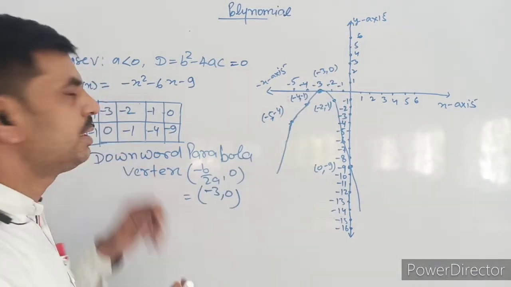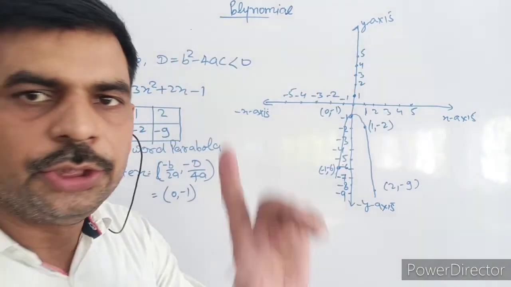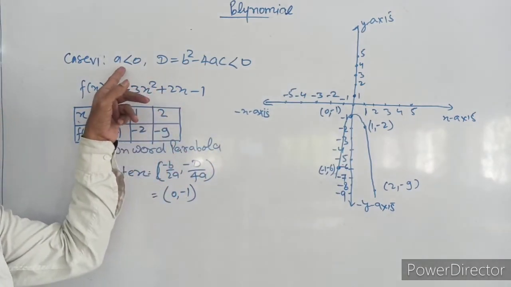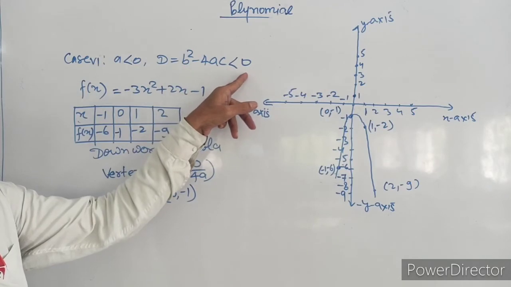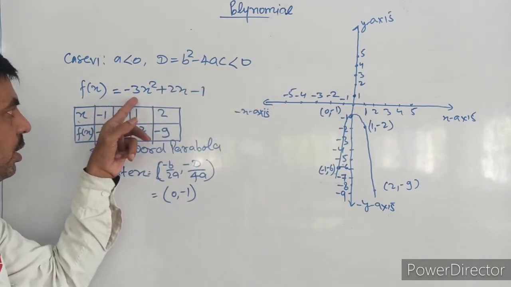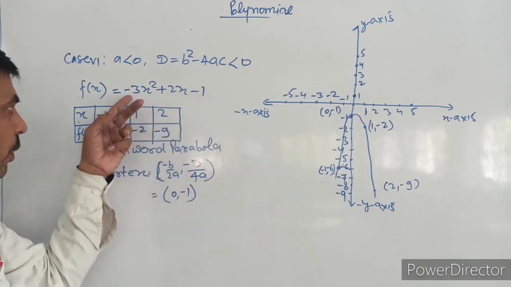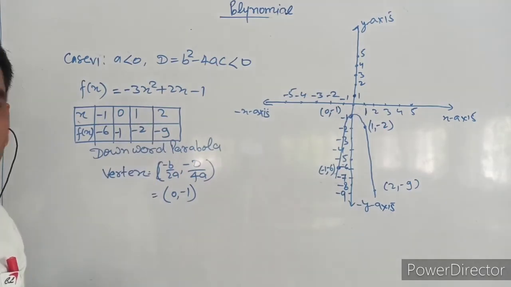Similarly, the sixth and last case we write here. It is case number 6 and last. Here a is less than 0 and b square minus 4ac is less than 0. Here is an example, -3x square plus 2x minus 1. We find the value of f(x) for different values of x.